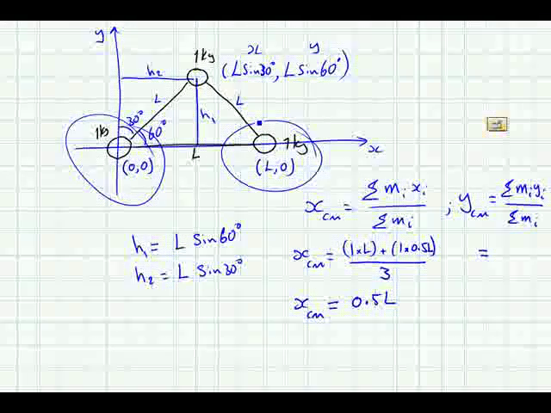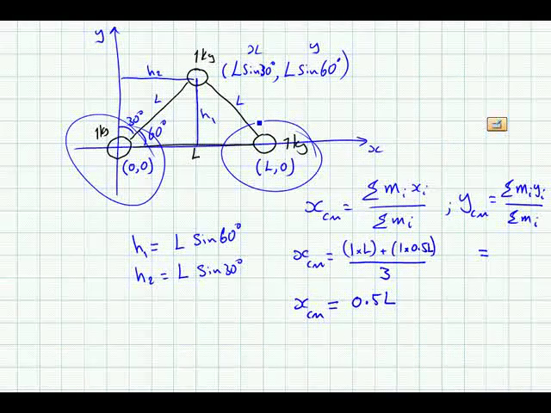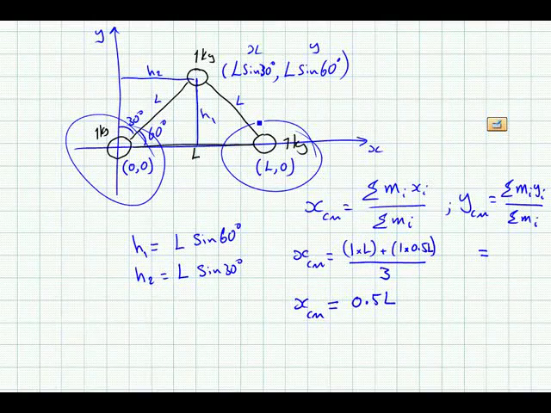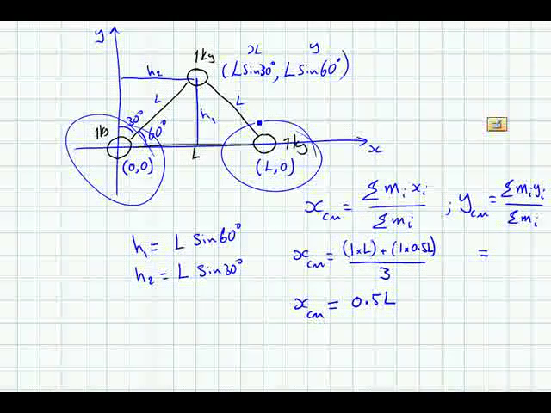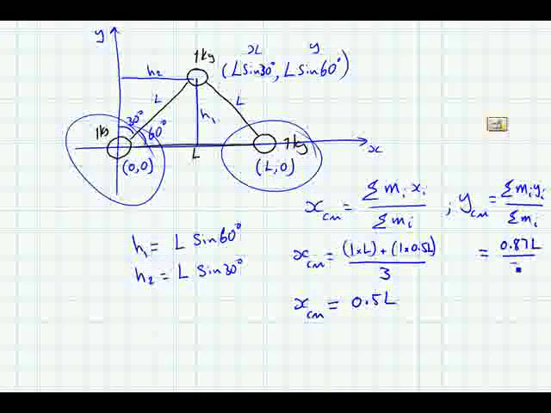That's why I said it's helpful to make sure as many of the masses as possible fall on one or the other axis. And for the third mass, we have 1 kilogram times sine of 60 degrees, so that's 0.87 L divided by the sum of all the masses, which is 3.